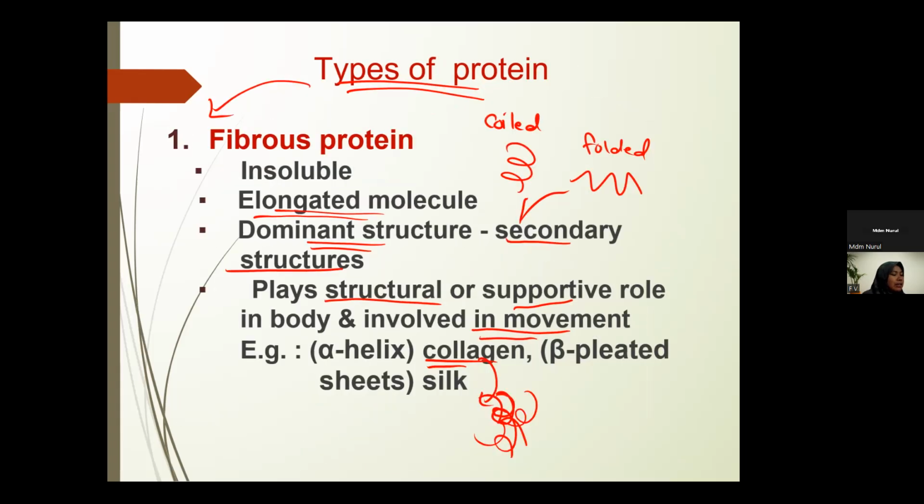Okay. Right. So bentuk dia collagen. Contoh fibrous protein ialah collagen ataupun silk. Macam mana bentuk silk? Silk bentuk dia pleated. Collagen bentuk dia coil into alpha helix.